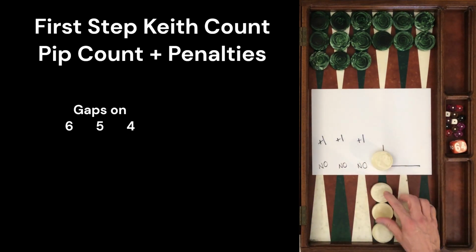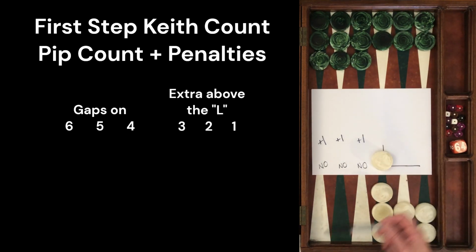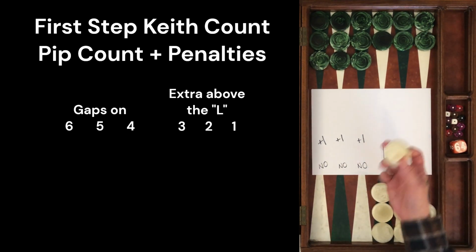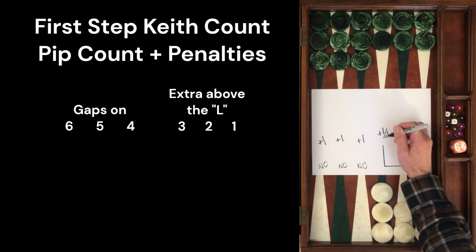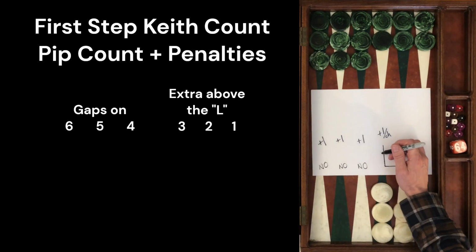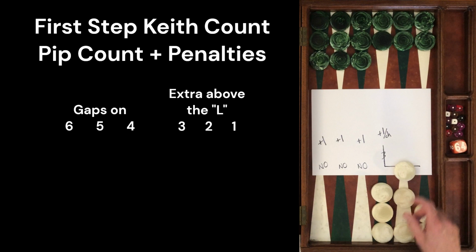If we have more than 3 checkers on our 3 point, it's a penalty of +1 for each checker. So this would be a penalty of 1, this would be a penalty of 2. +1 for each checker over 3. If we have any checkers over 1 on the 2 point, it's a penalty of 1 for each checker.